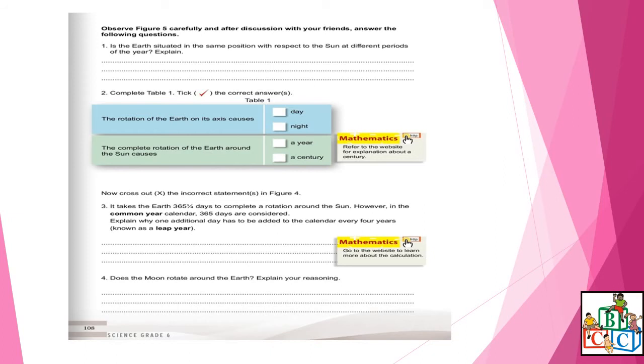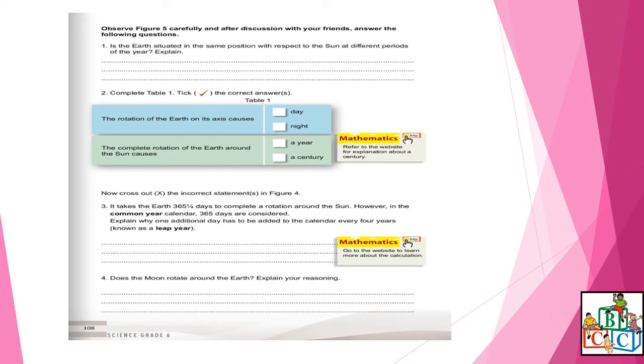So leap years mean 366 days, meaning one additional day. Why do you think 4 years? Let's see. 365 and a quarter days. You're going to add a quarter times 4 years, or a quarter plus a quarter plus a quarter plus a quarter.